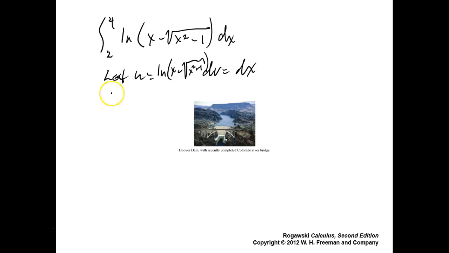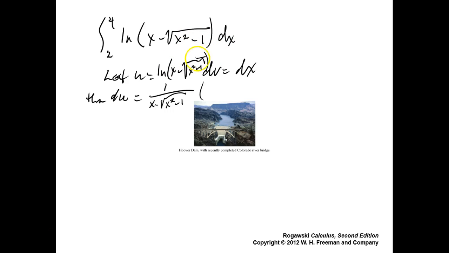Yes, that's where you start. Then du is equal to 1 over x minus the square root of x squared minus 1. And then the derivative of the inside, right? The chain rule is so hard for me.